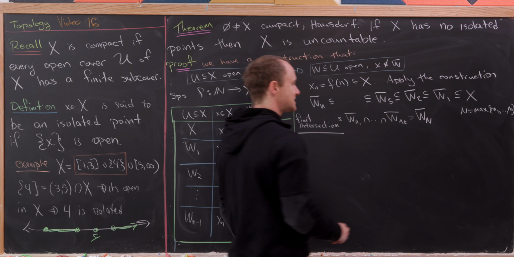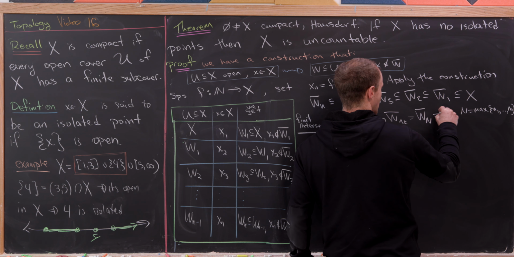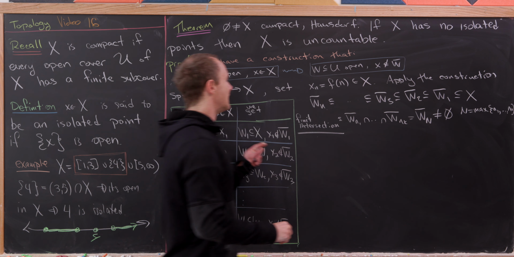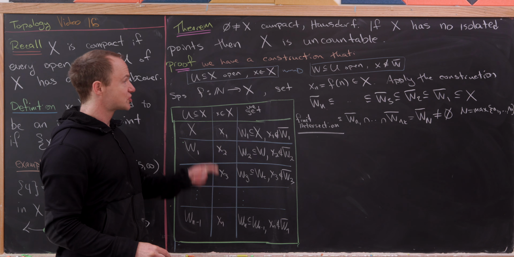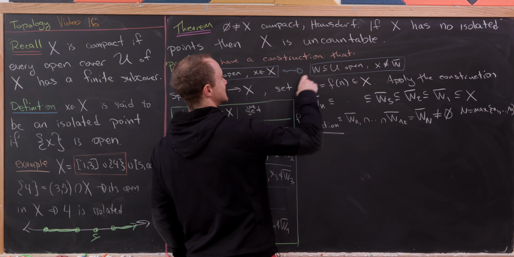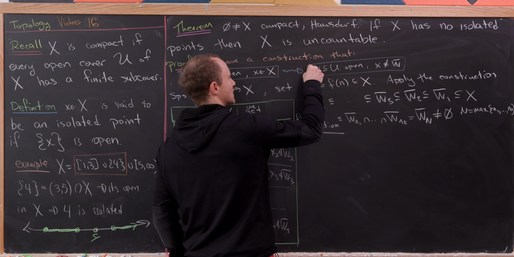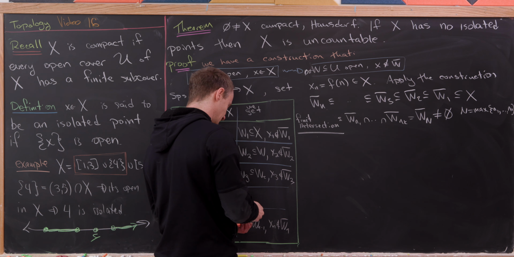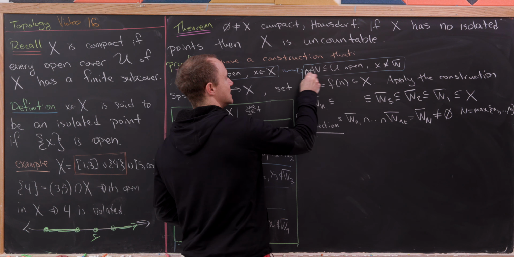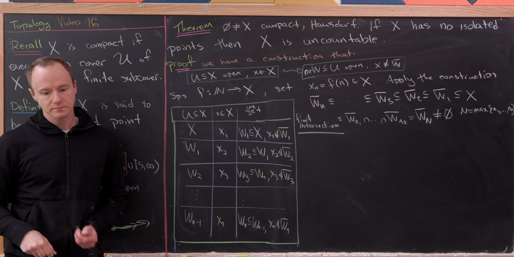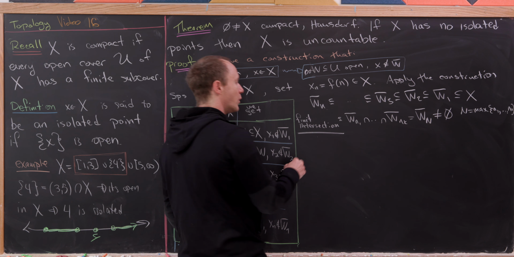And then notice that this W_N bar is non-empty. And that's because of our construction property, our W was non-empty. I don't have that written here, but let's go ahead and put that in there. Our W is non-empty.